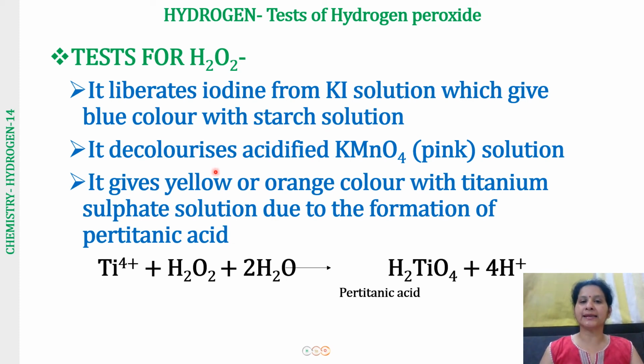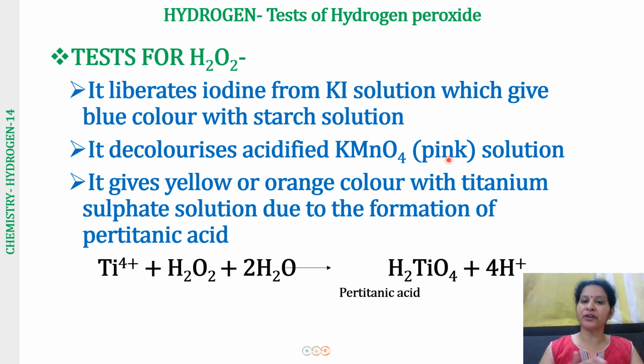It decolorizes the acidified KMnO4 solution, which is pink in color. So this is going to be pink to colorless by the formation of manganese sulfate. Again, the reactions you have seen in the properties. All the reactions where you were seeing a color change from the reactants to the products can be used for the tests for hydrogen peroxide.